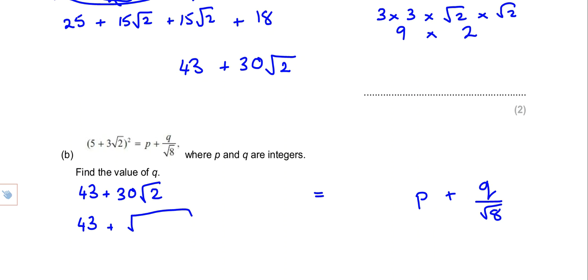No, because remember, instead of 30, I need it to be the square root of what makes 30. 30 squared then, isn't it? So 100. Oh no. 900. Yeah? And then that's times root 2. Does that make sense? Okay.